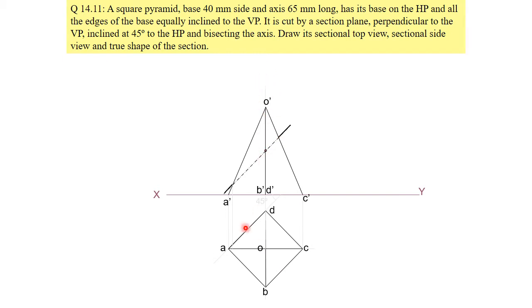When we see it from the front, that is the sectional front view. When we see it from the side, that is the sectional side view. And for the true shape, we see the object just in front of that sectional view.